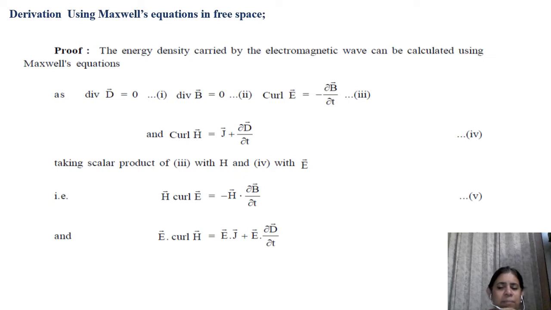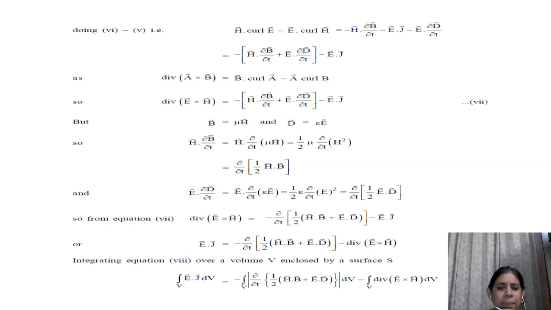Then we subtract them. H dot curl E minus E dot curl H is equal to, on the right hand side, these terms. Now these factors we'll group together, minus H dot del B by del T and minus E dot del D by del T, and we'll keep minus E dot J a little separate.